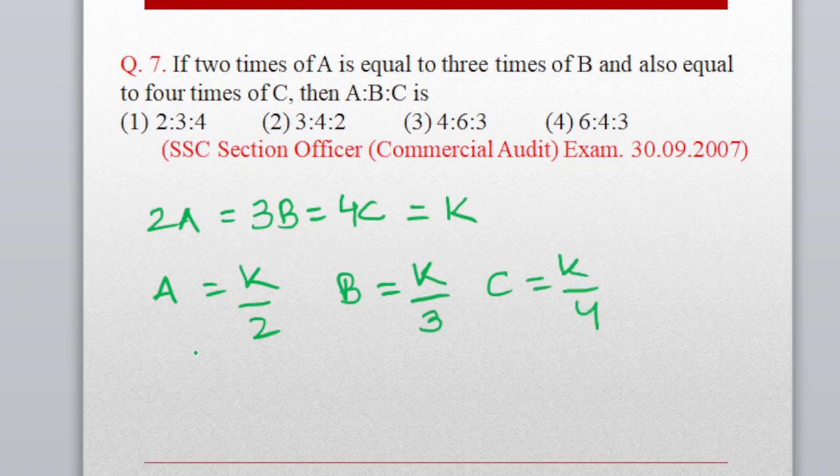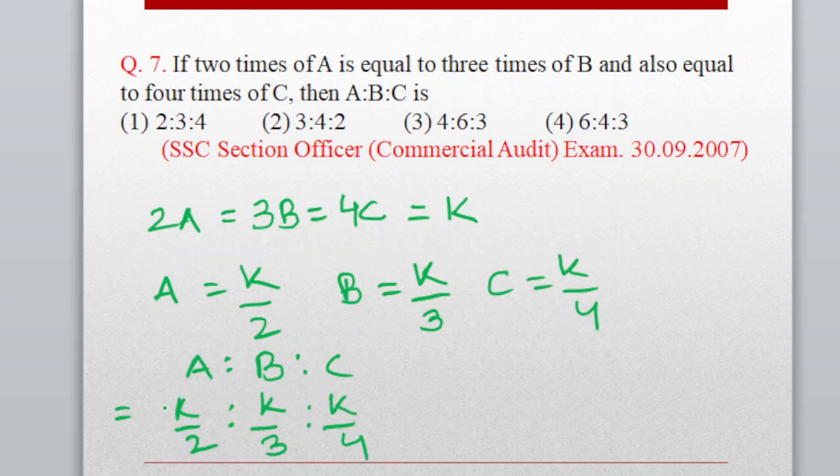So we have to find A is to B is to C. So that is equal to K by 2 is to K by 3 is to K by 4. Now here all K's are cancelled.